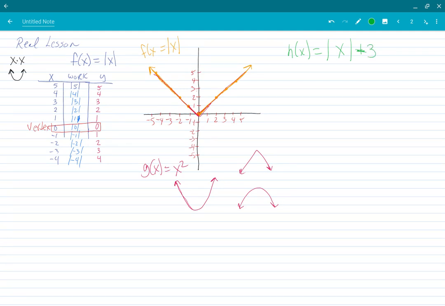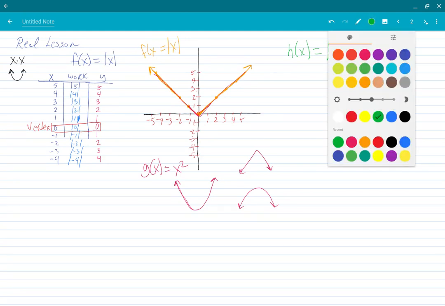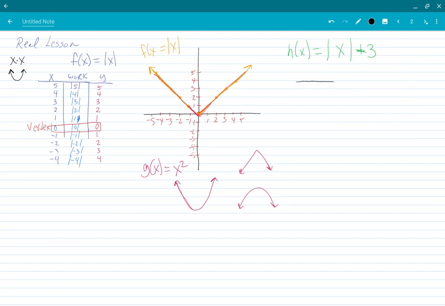What do you think? Are we going to add 3 to the x's or to the y's? What would be a good guess? I mean, just a guess, right? Anybody have an idea? Are we going to add 3 to the inputs or the outputs?